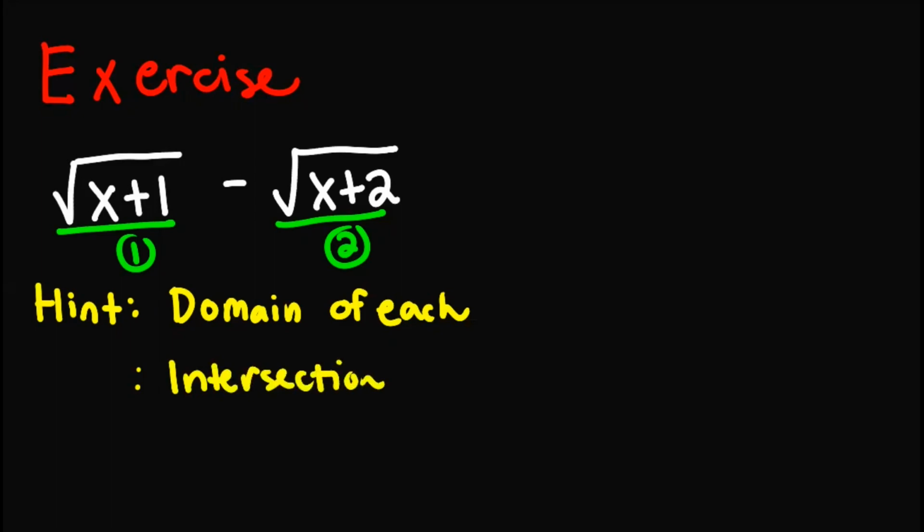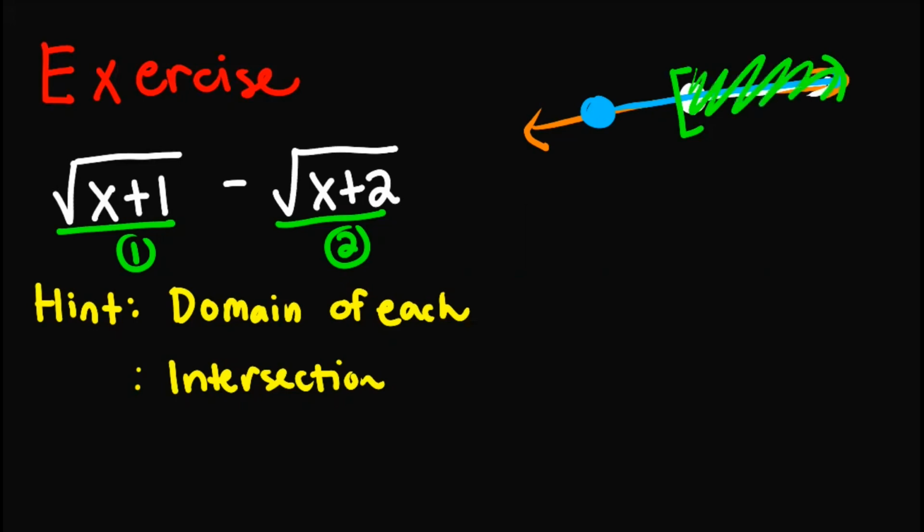So say if this is your number line and this is the domain of one of the radical expressions, and this is, let's use a different color, the domain of the other radical expression, then you get the intersection, which is this one out here. And so that is how you'll deal with this exercise.